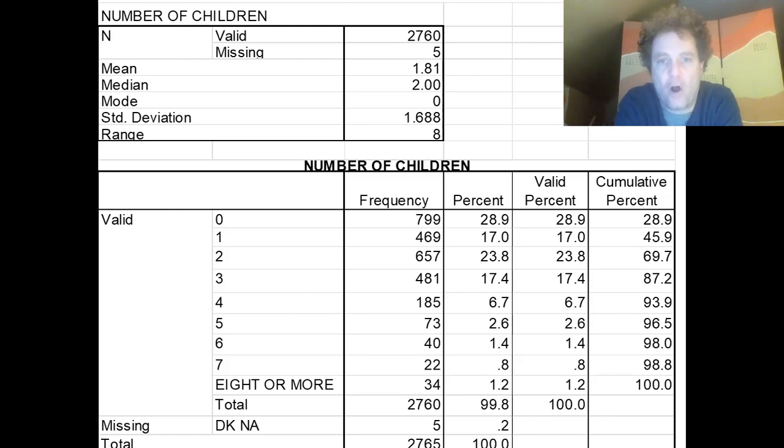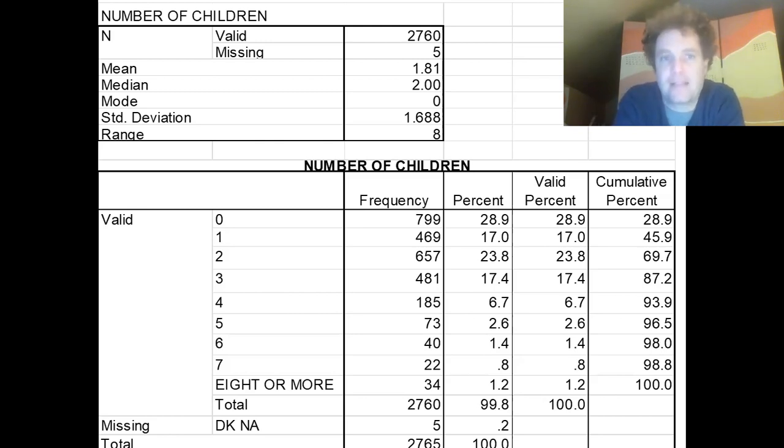We take the 2,760 people, find out how many children they all have, and divide by that number, and we get our mean. We find that the mean is 1.8. So the average American in 2010 had 1.8 children.